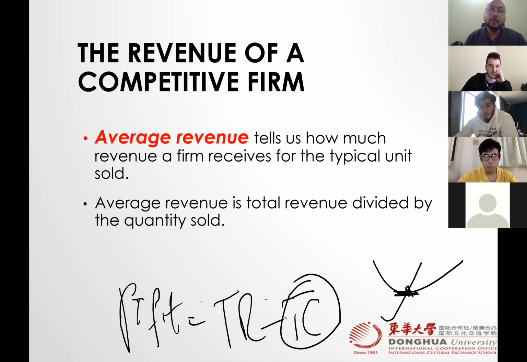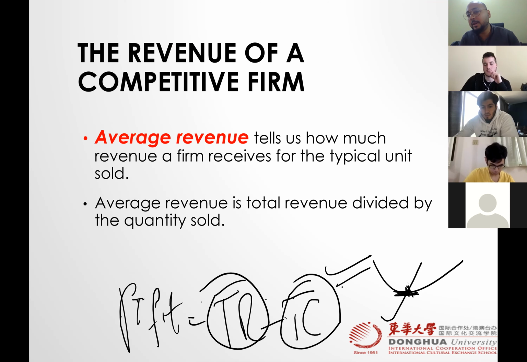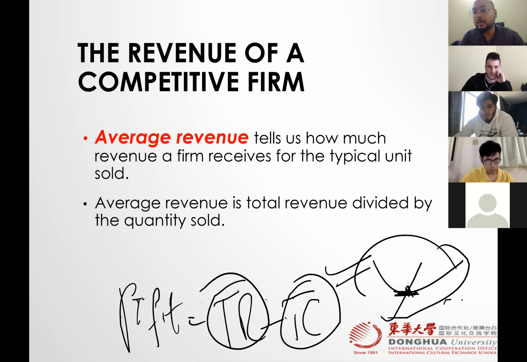First of all, let's talk about the revenue structure of a competitive firm. Then we talk about the cost structure. Cost structure, we already know we will be needing these 2 cost curves, so that is finished. Only the revenue structure we need to talk about, because every market has its own characteristics regarding revenue, right? So let's talk about this.